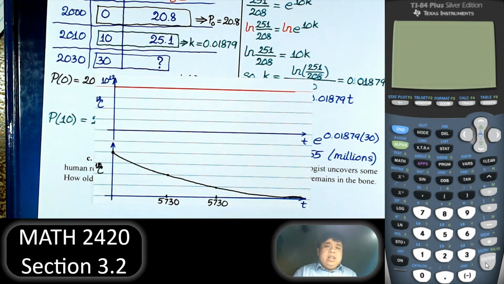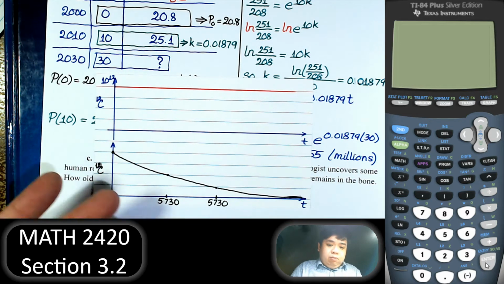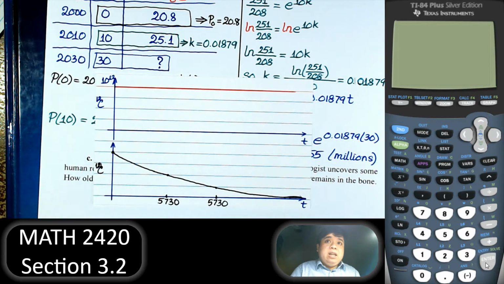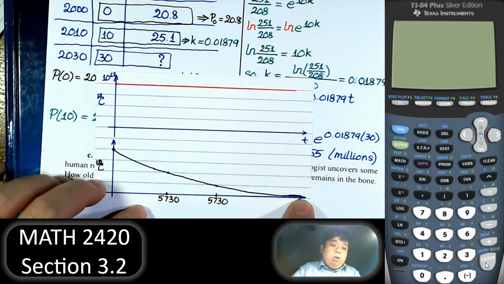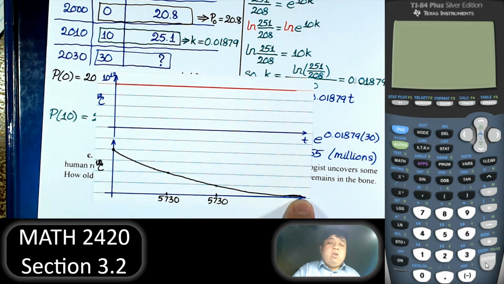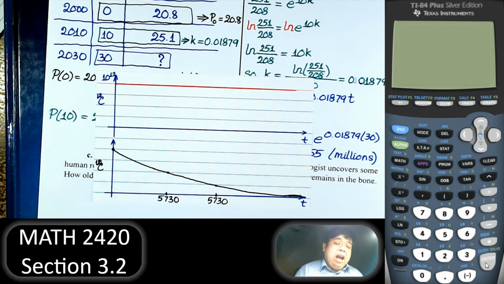But usually in problems where we use carbon dating, we work with around 1,000 years or so. If it is more than 40,000 years, the amount is too small to compare and the calculation is not accurate anymore. So carbon dating works for around 40,000 years or less. If it is more than that, like if we have to date a fossil or a rock, we have to use a different element.